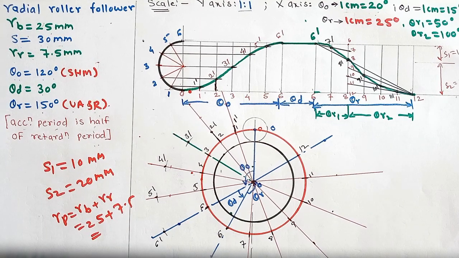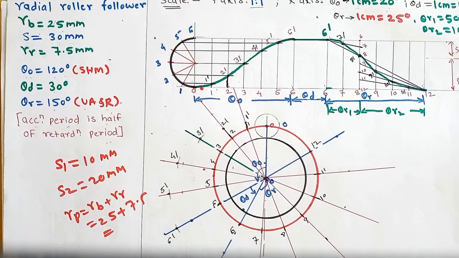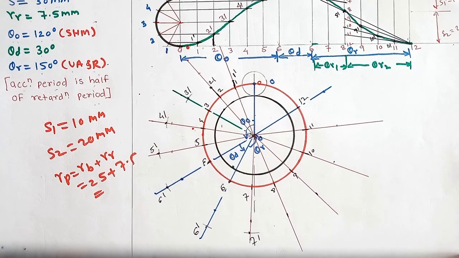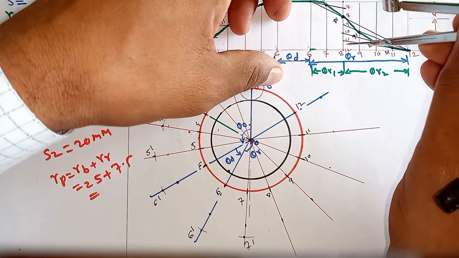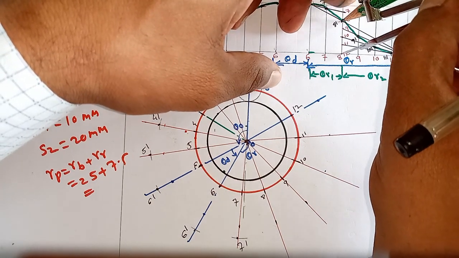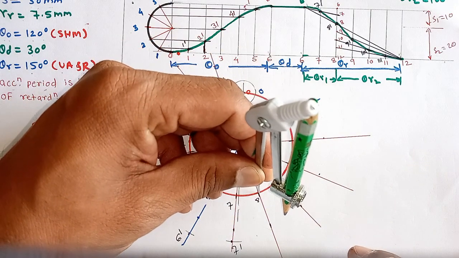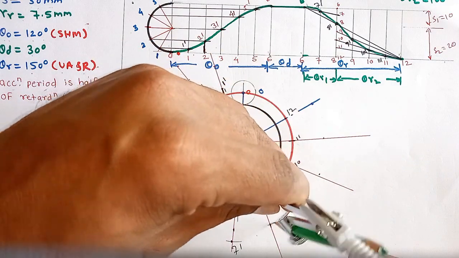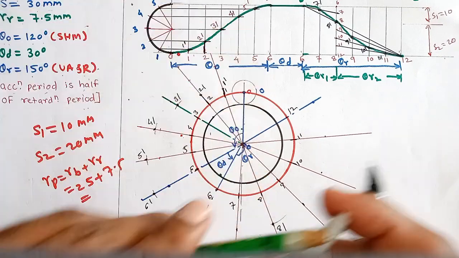And then we will go for 8 and 9 up to 12. Now at instant number 8 this is the displacement. So this is 8 dash.